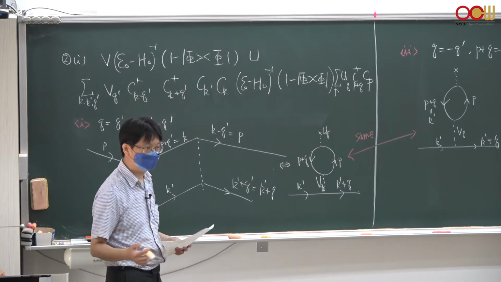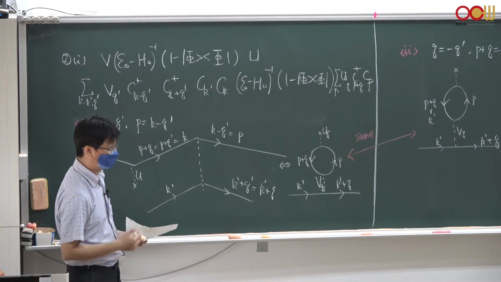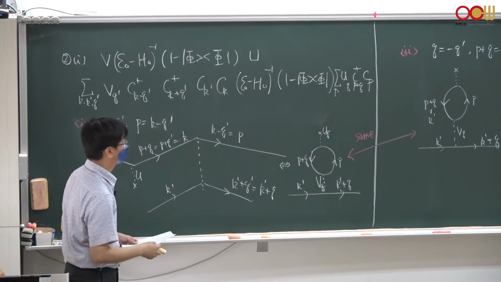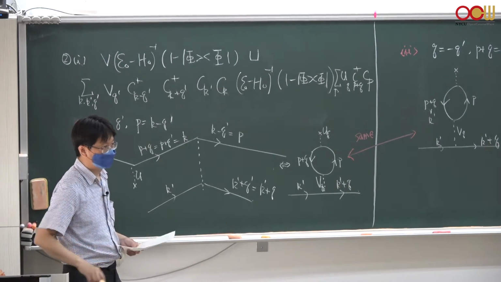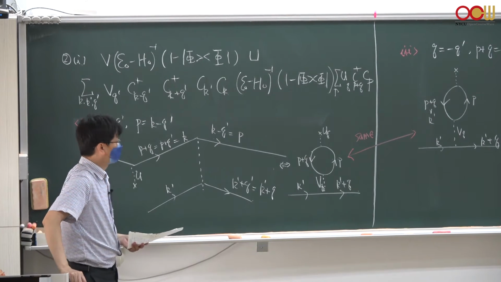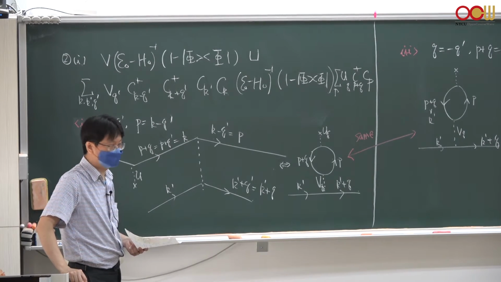Both U and V are small so that we could perturb around the unperturbed H0 Hamiltonian, which is the free electron gas.